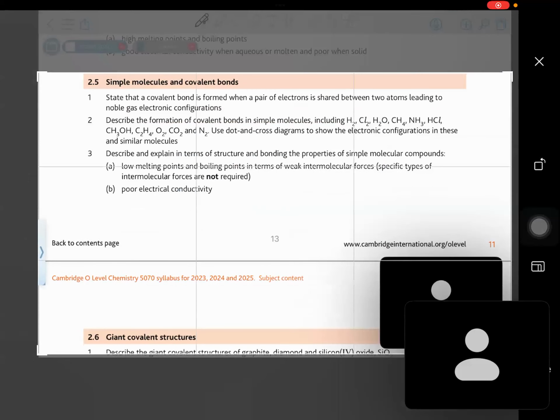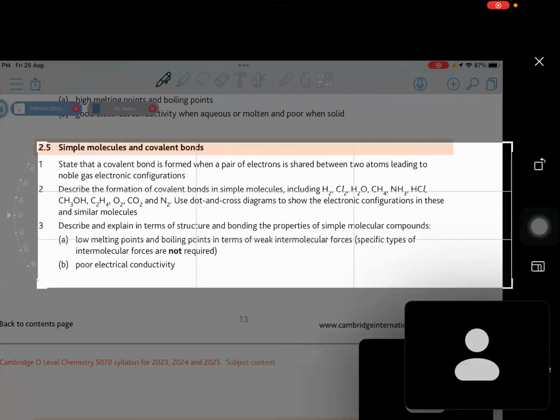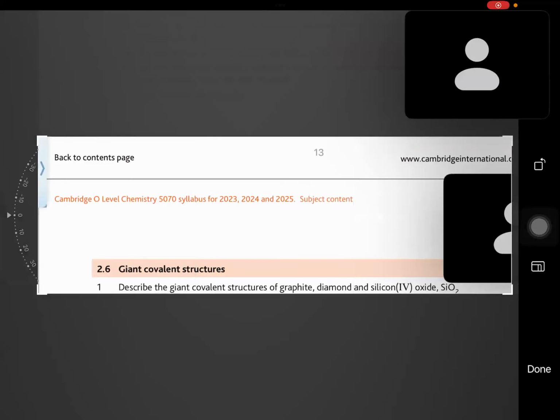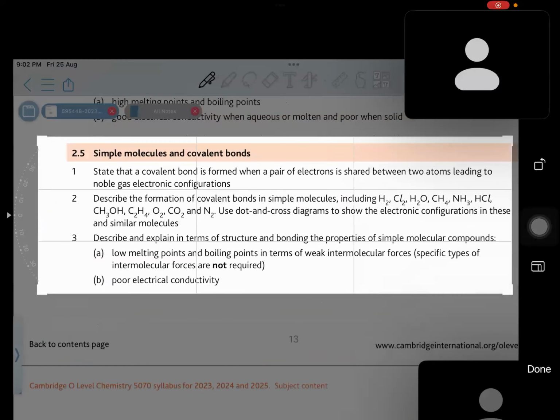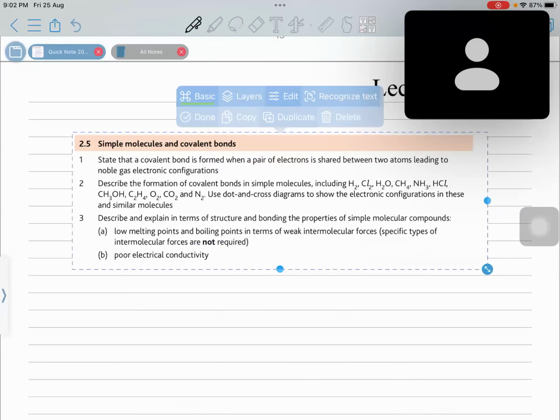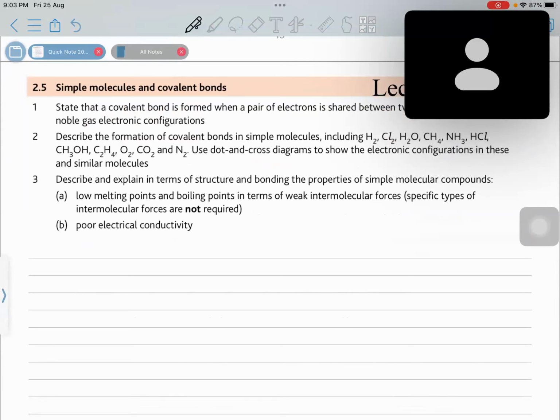Now the topic is simple molecule and covalent bonding.